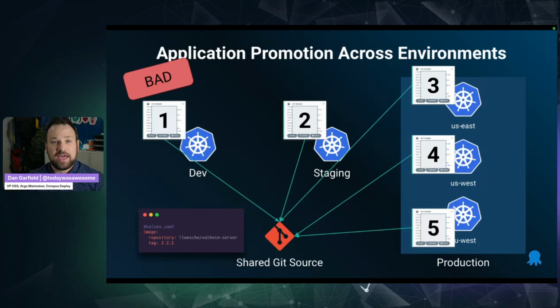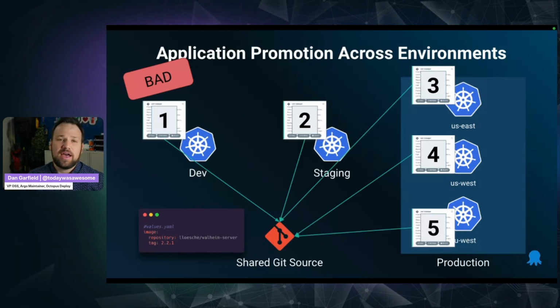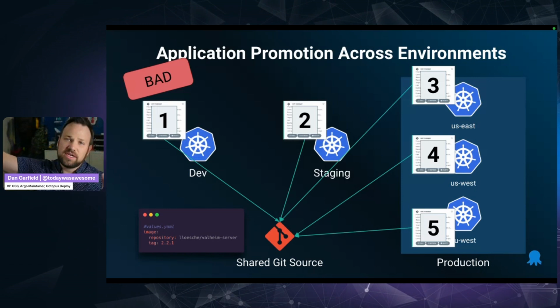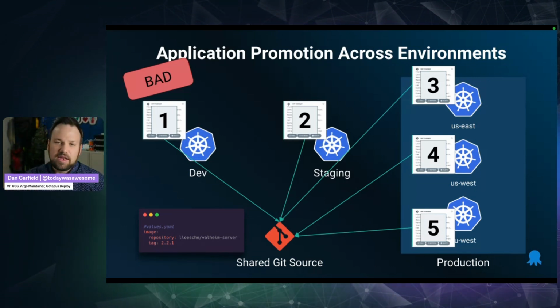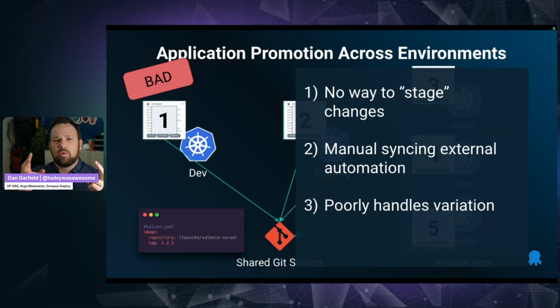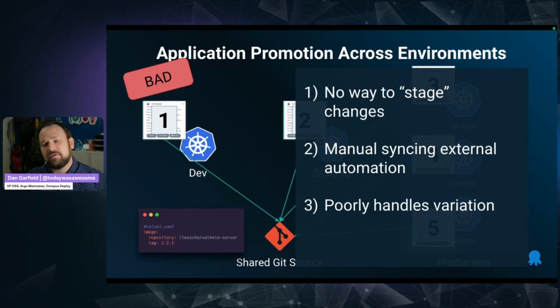So they would have the same values file, for example, if this is a Helm chart. To the left here, you can see I've got a little values file. That means if I push an update to that values file, all of these environments would be updated. This is a way that a lot of people have tried to do this. And the downside is there's no real way to stage changes in an expected way.